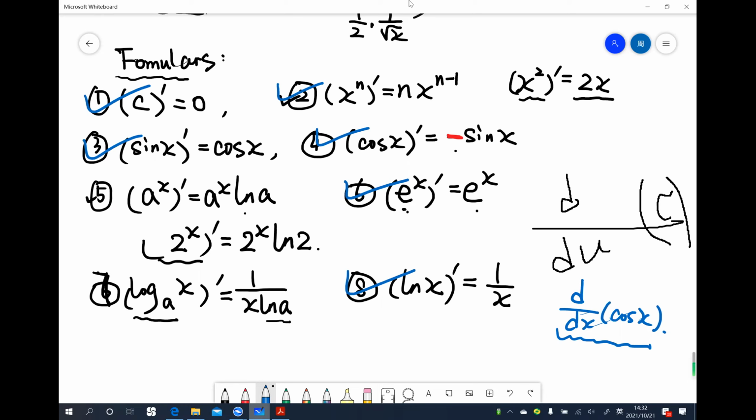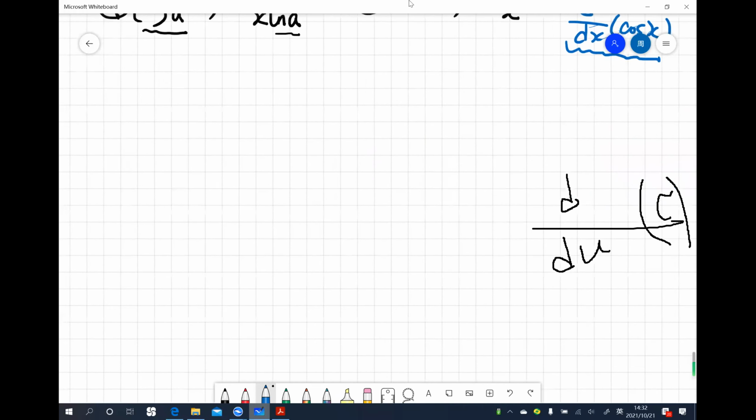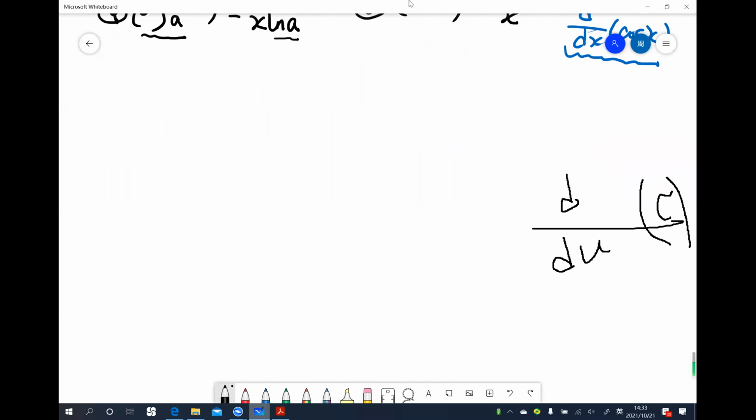So have you written all the formulas? Now I will give you some exercises. For all the exercises, I want you to calculate the derivative.